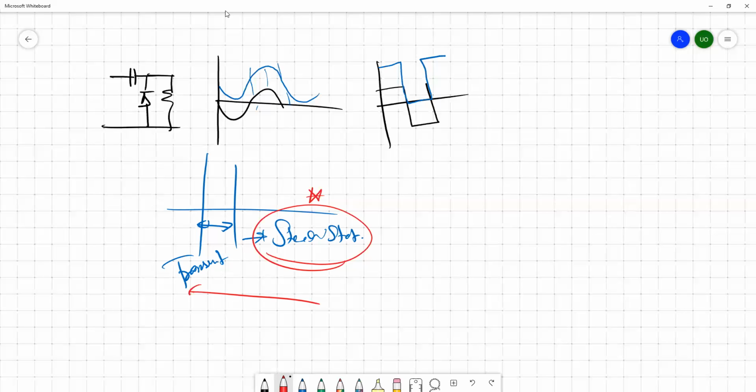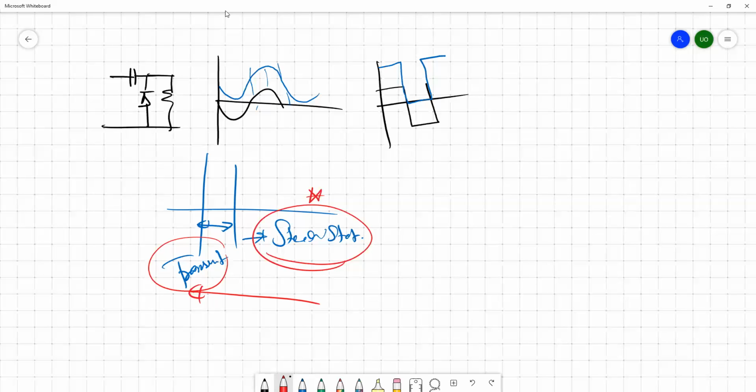You have to show what happens to the circuit when the input is in the transient state, and specifically draw and explain the transient state as well as the steady state. If I just ask you to draw the output, you can just focus on the steady state and give the output. If I ask you to explain the circuit, you have to explain both what happens to the circuit during the transient and steady state.